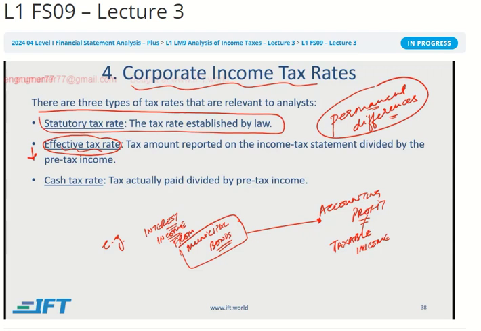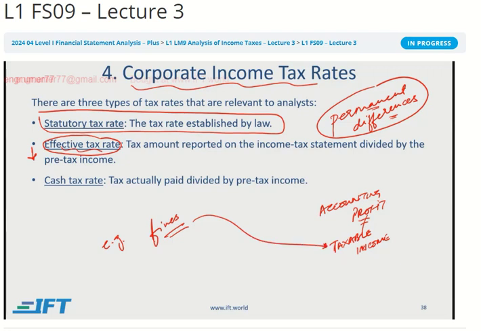For example, let's say we take the example of fines, right? So let's say as a company, you have had to pay some fines, and those fines will be reducing your accounting profit, but they will not be reducing your taxable income because the tax authority is not going to allow them as expenses, right?